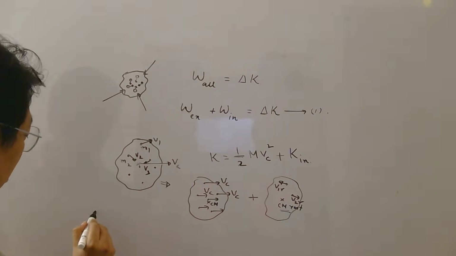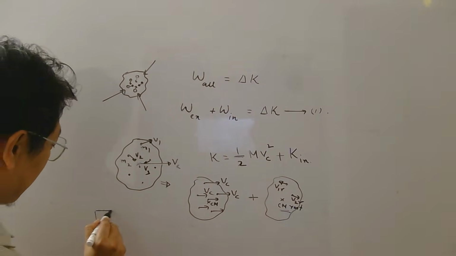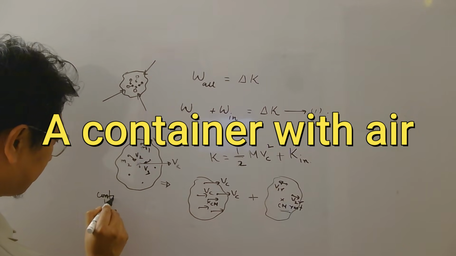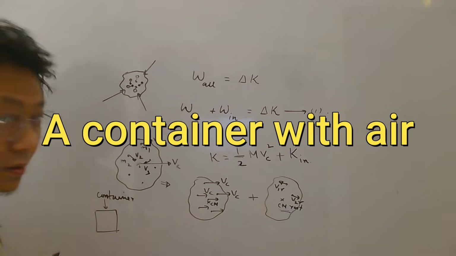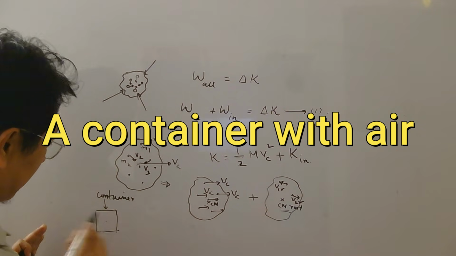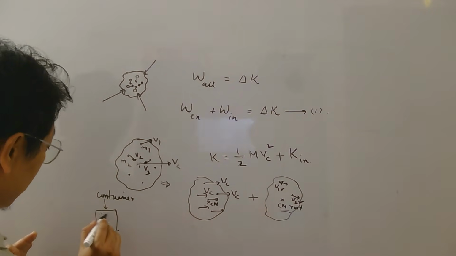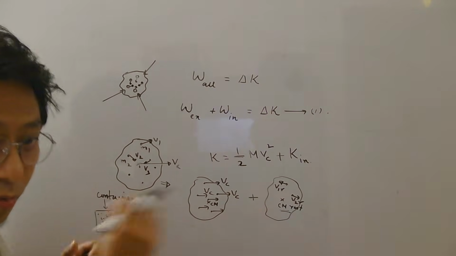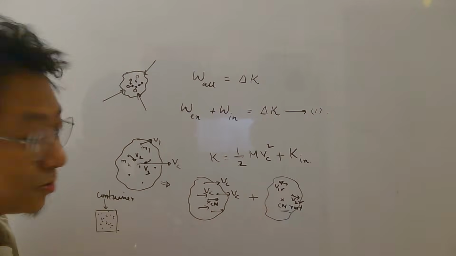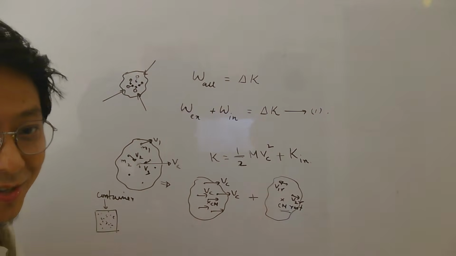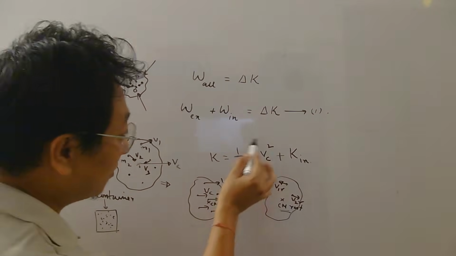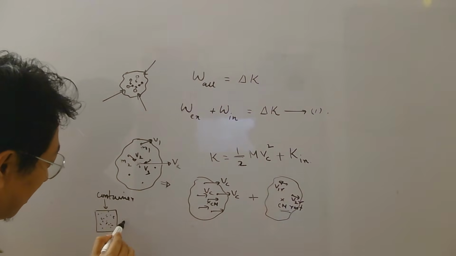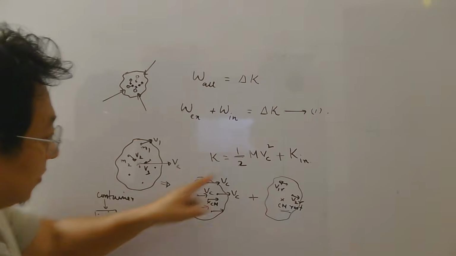So, if your system is simply at rest, let's say there is a container which is at rest, so its center is not going anywhere, but the molecules of the air inside are moving around, right? So this system also has kinetic energy, but not because of this. This kinetic energy is 0 in this case because the center is at rest, so Vc is 0.